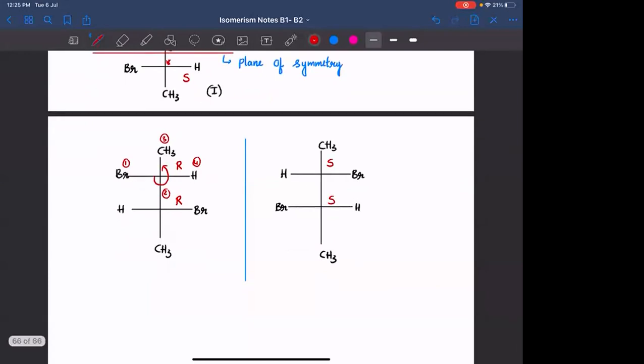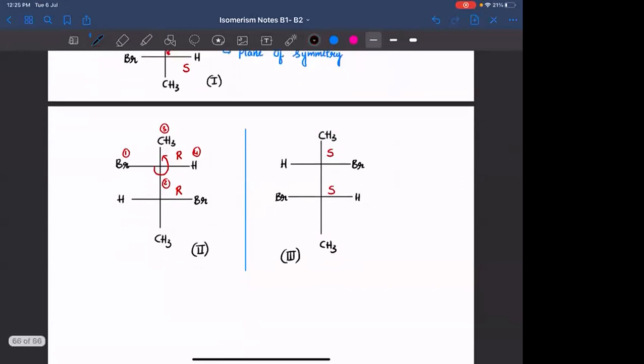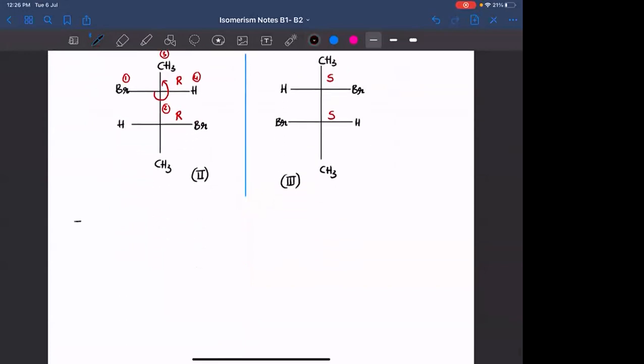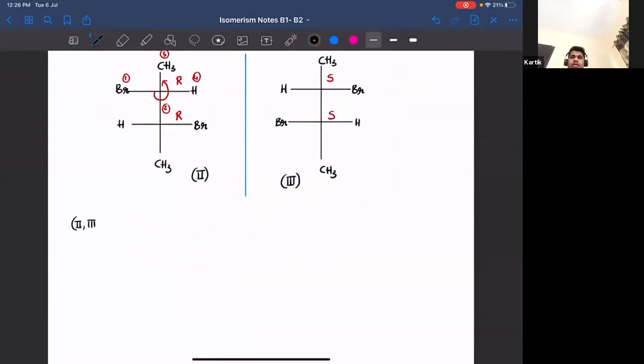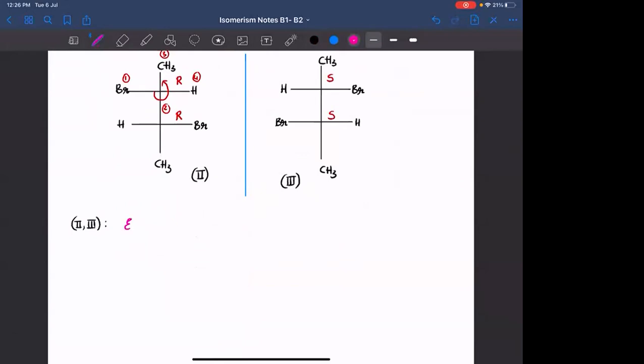Okay, let us say this molecule as 2 and let's call this molecule as 3. So among 2 and 3, what is the relation? Enantiomer. They are called as enantiomers. Okay.